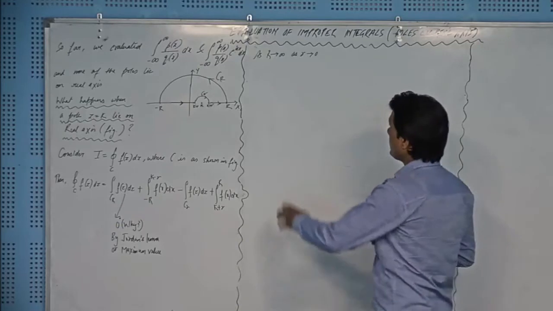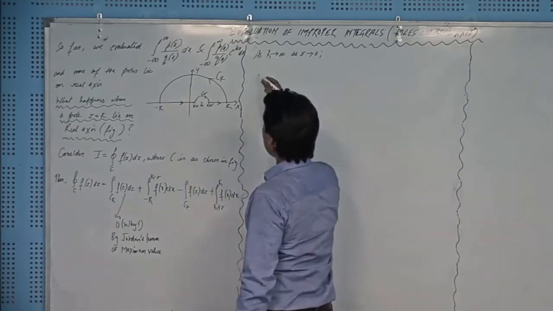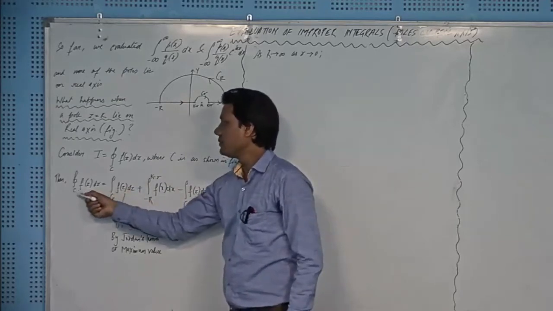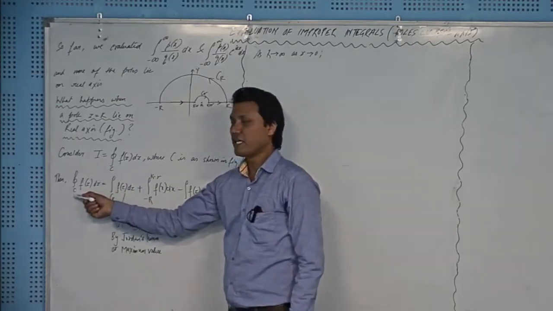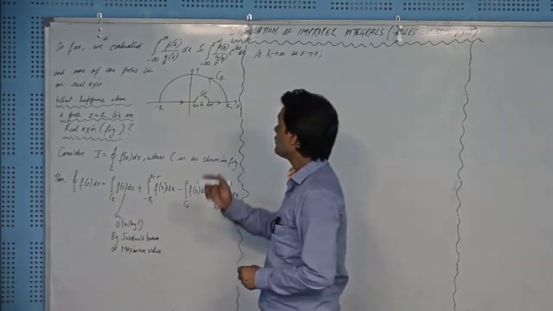So approaching these limits, the value will be 2 pi i multiplied by the sum of residues, calculated at poles which lie in this region.